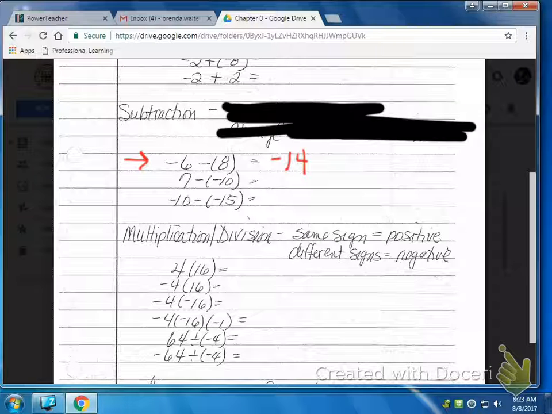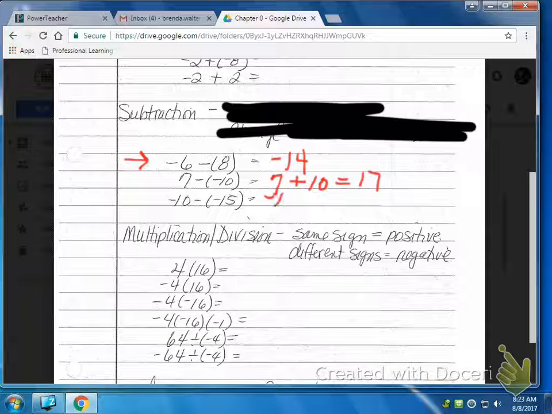I've come upon a double sign, and we don't even acknowledge those. We just get rid of it. If it's 7 minus negative, so the signs are the same, I'm going to rewrite the problem as 7 plus 10. And I think everybody in here should get that: 17. I've got another one of those. Double sign. We're not even going to acknowledge it. We're going to change it.